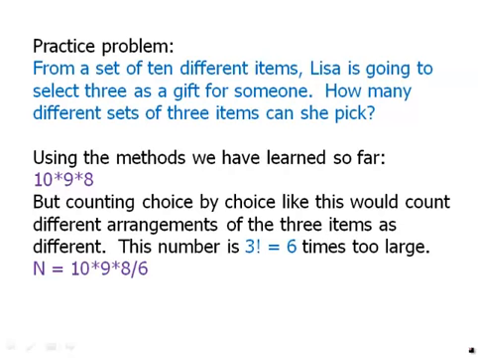So it's going to be 10 times 9 times 8 divided by 6. With a little cancellation, divide the 9 by 3, the 8 by 2, and then we get 3 times 4 is 12, times 10, which is 120. And that is the number of possible sets of 3 that she could pick.